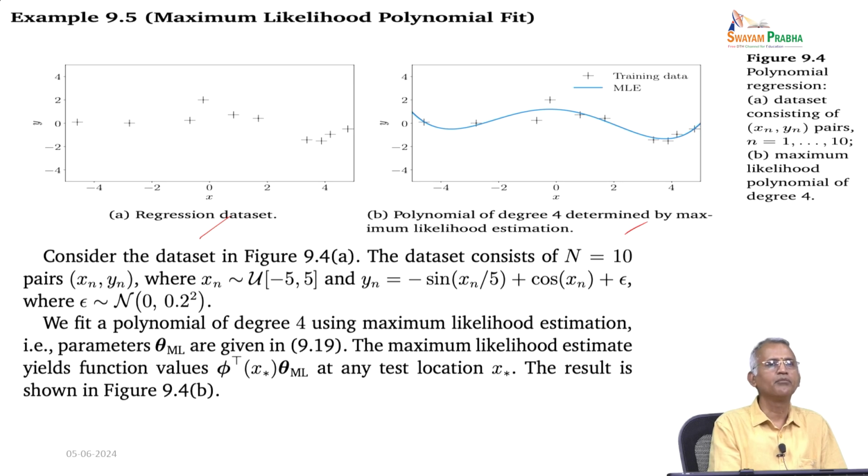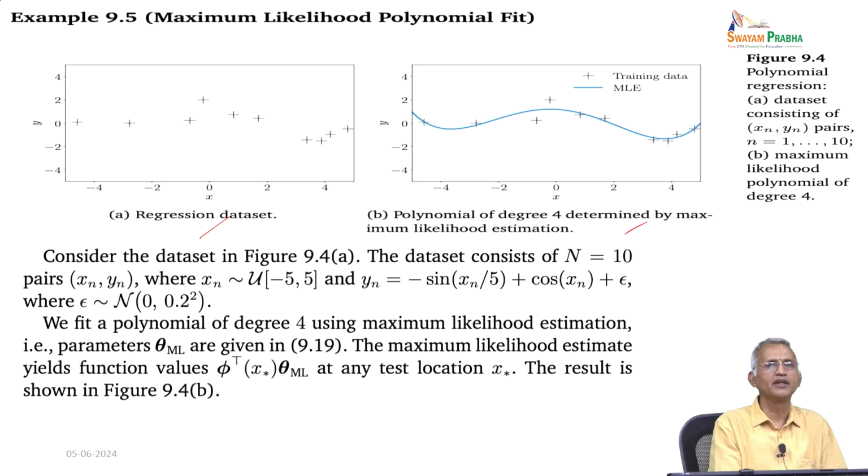So, we have a 10 point data set, and the second picture shows the polynomial of degree 4 for MLE, and that is estimated, and the blue line stands for MLE and the plus is the training data.